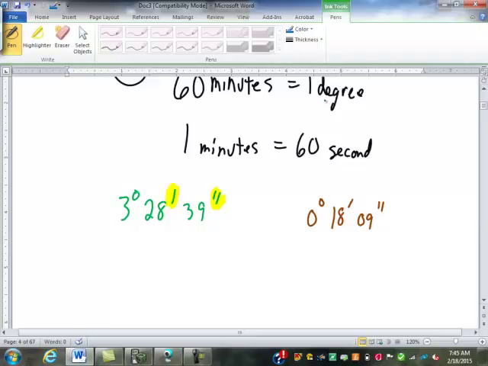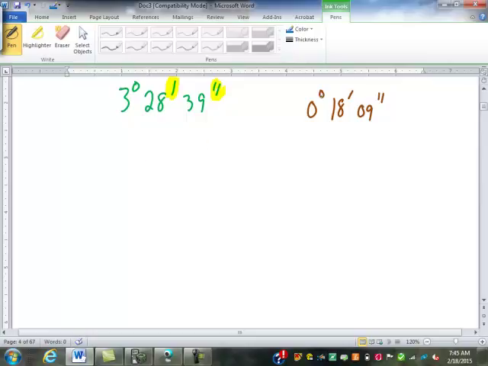Now, some of the stuff we measure is going to be measured in decimal degrees rather than saying, whatever, 13 degrees, 48 minutes, you might just have 13.6 degrees. When you're doing your calculations, of course, your calculator is going to spit out decimal degrees.